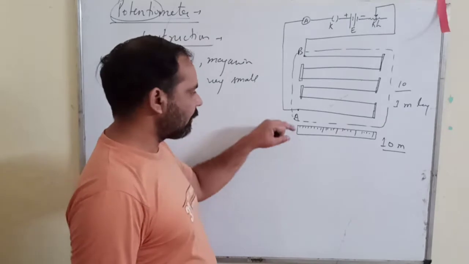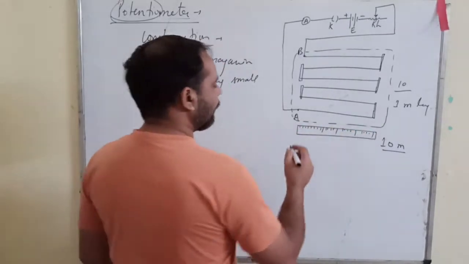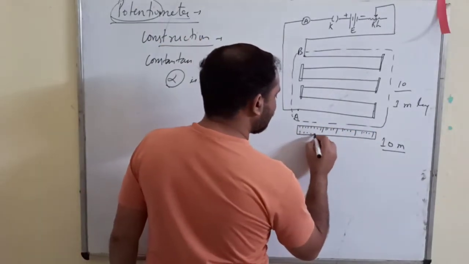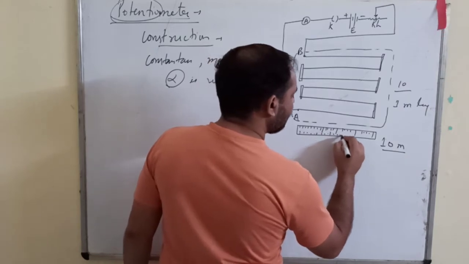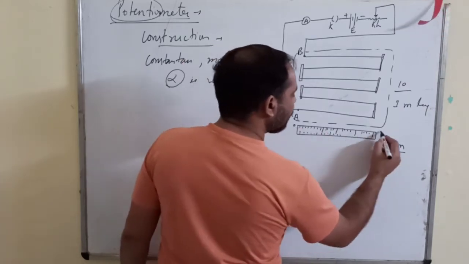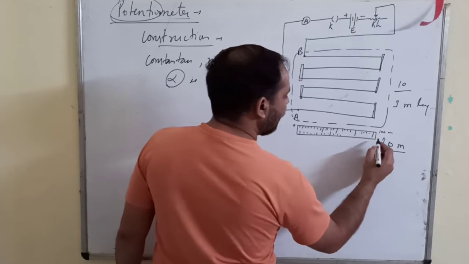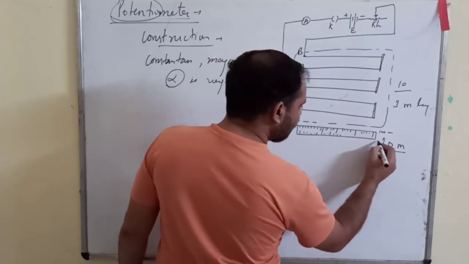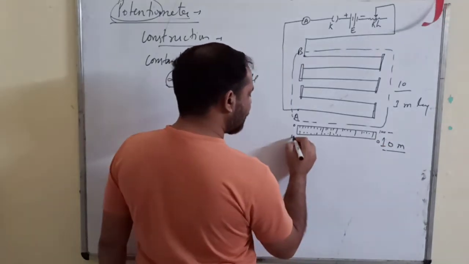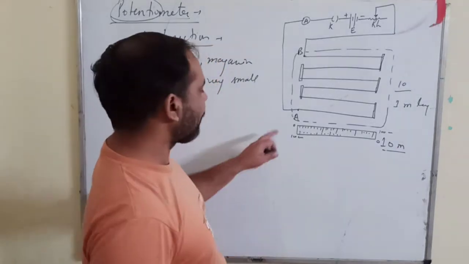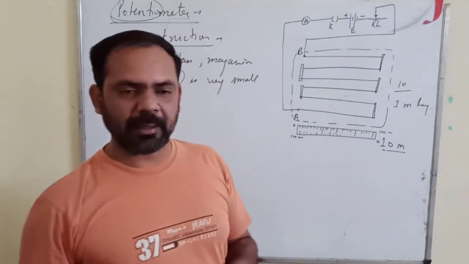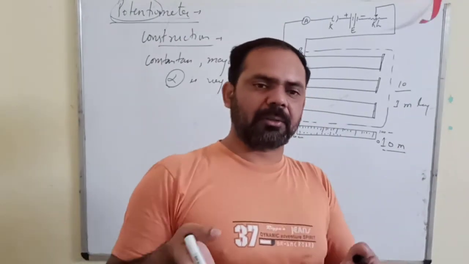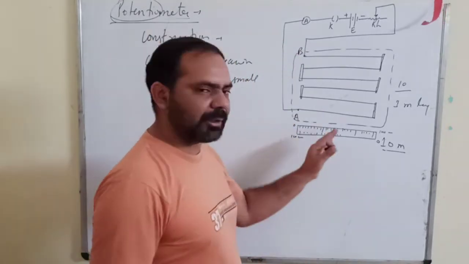It will have readings on both sides: on one side 0 to 100 centimeter, and on the other side the 0 will be at the opposite end and 100 centimeter at this side. So you have a meter scale with graduations in both directions.